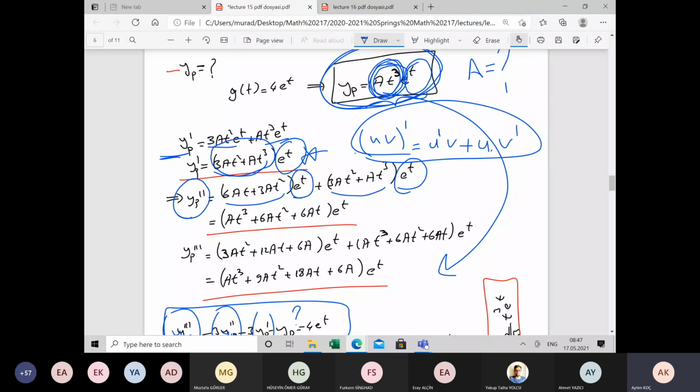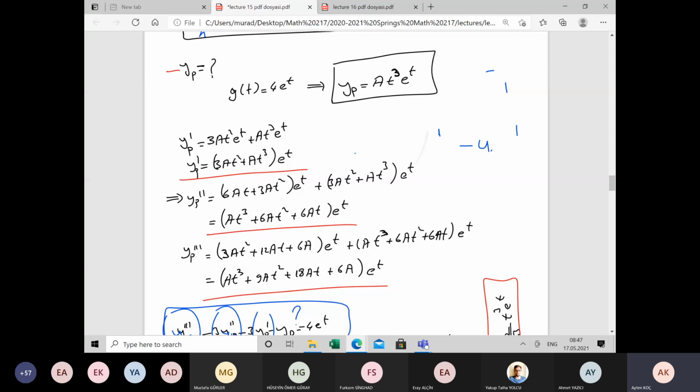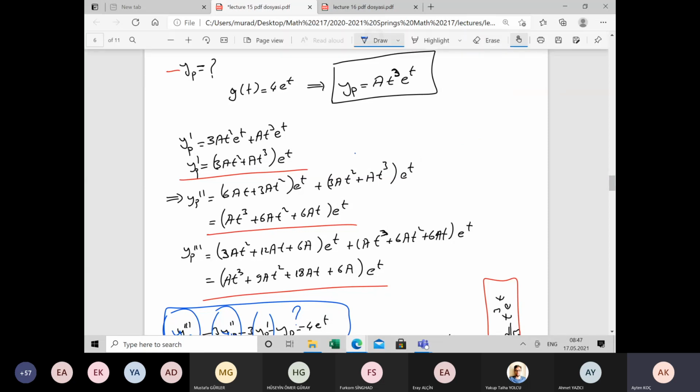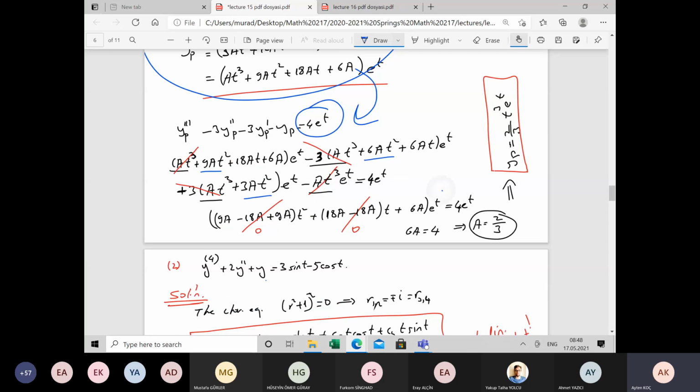We know that our y sub p satisfies our differential equation. So take this and substitute it into our differential equation, and compare the two sides. The left side should equal the right side. So we obtain 6a e to the t should be 4 e to the t.